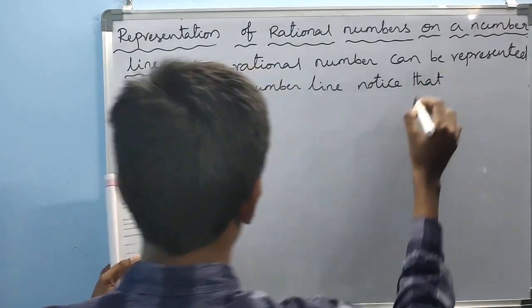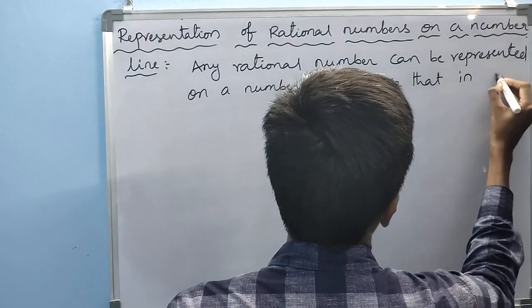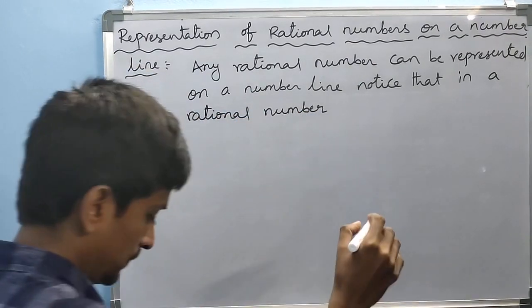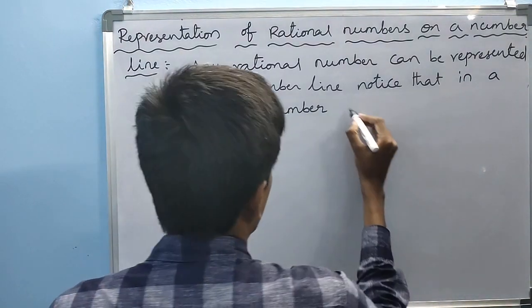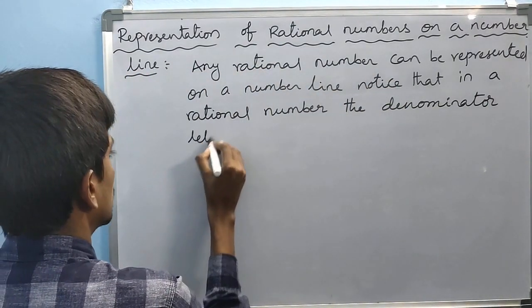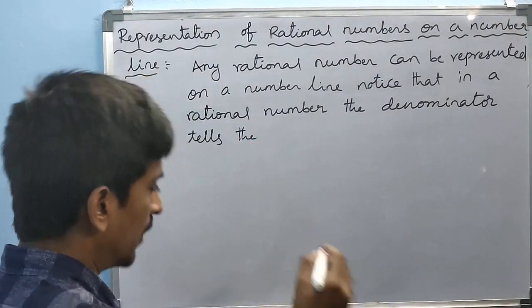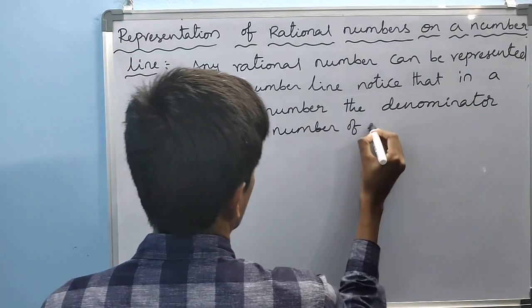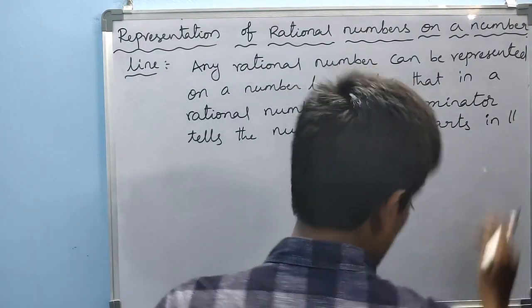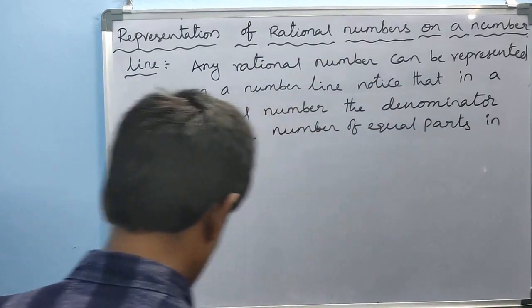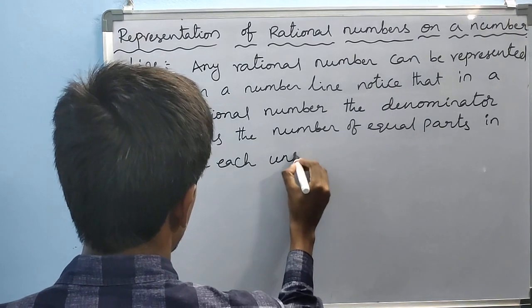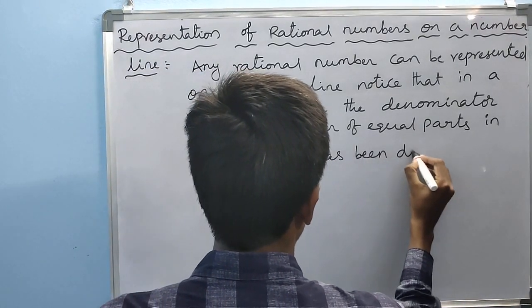Notice that in a rational number, the denominator tells the number of equal parts in which each unit has been divided.